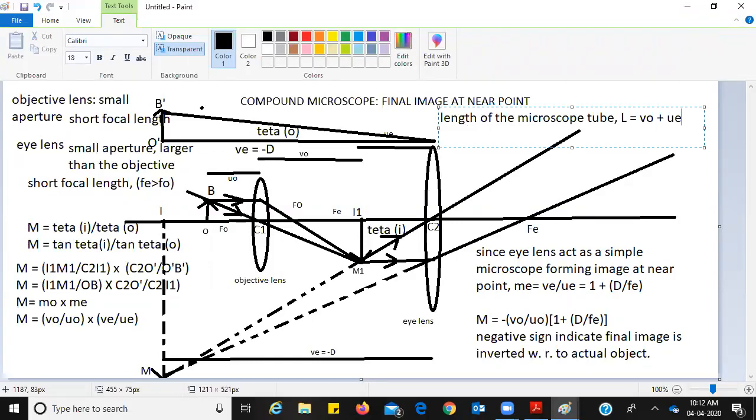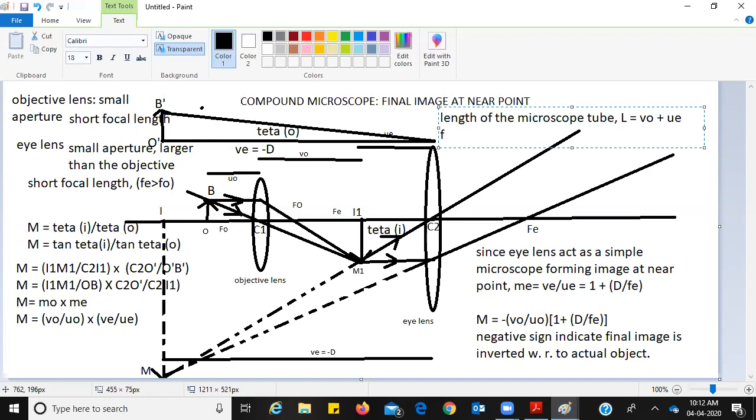It's not an approximation, because you need to know it for the numerical questions. The approximation comes just for understanding a rough idea about the magnifying power. So what you do, you just take FO. It's almost same as UO. The object can be brought very close here, very close. So you get a magnified image.